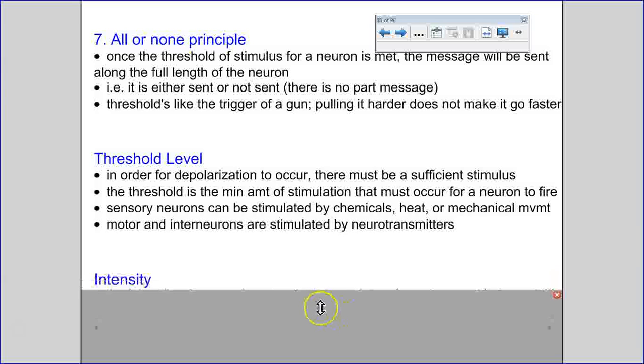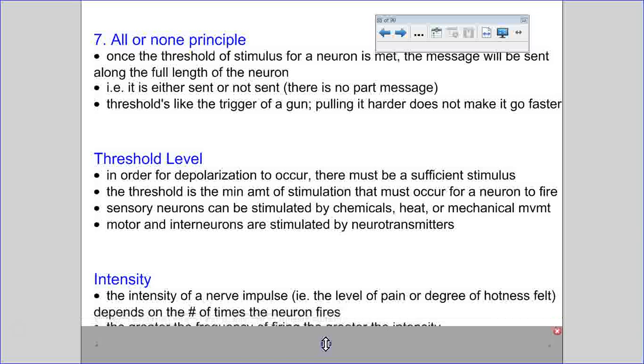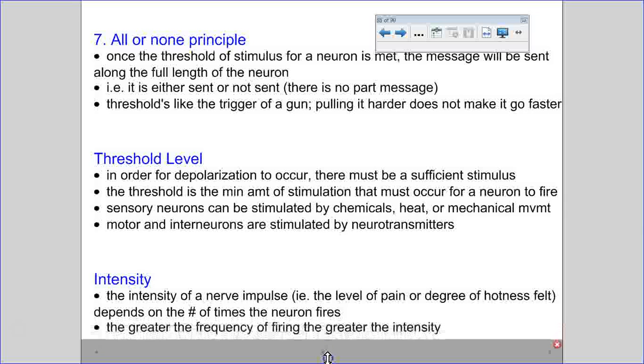Intensity. How intensely you feel a certain thing, such as the level of pain or degree of hotness, depends on the number of times the neuron fires. The greater the frequency, the number of times it fires, the greater the intensity.